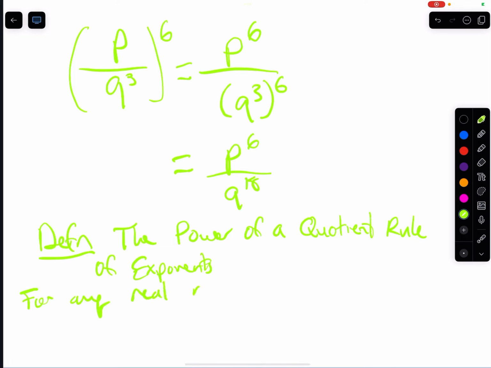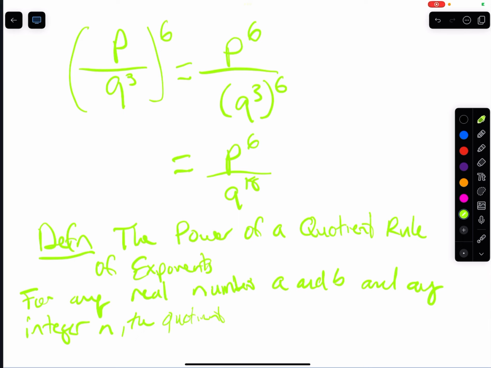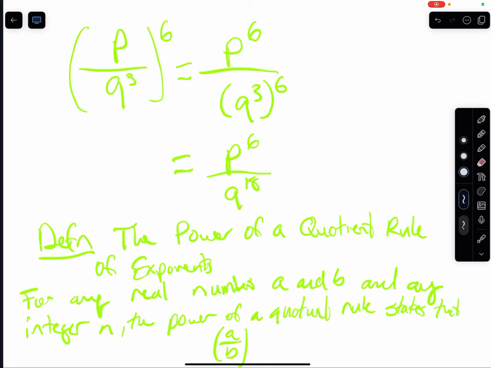For any real numbers a and b, and any integer n, the power of a quotient rule states that a over b raised to the n power is equal to a to the n power over b to the n power. Let's do one more example.